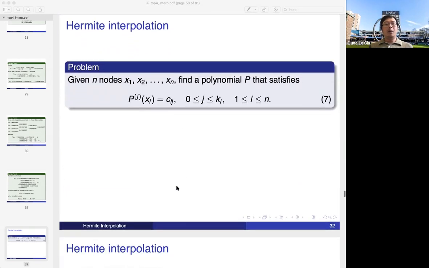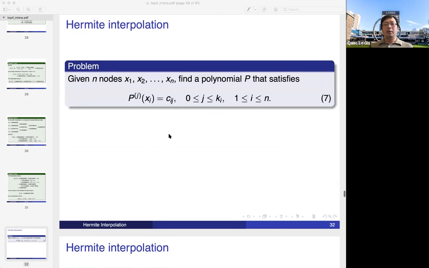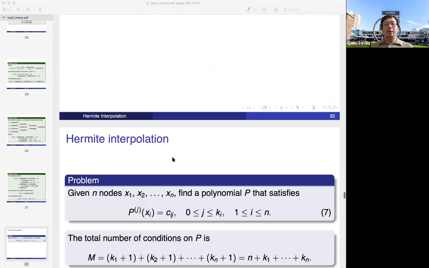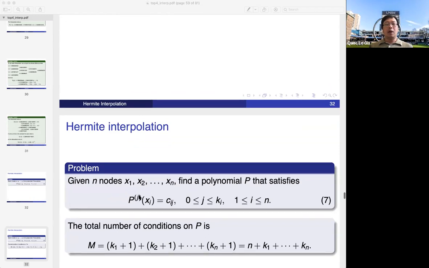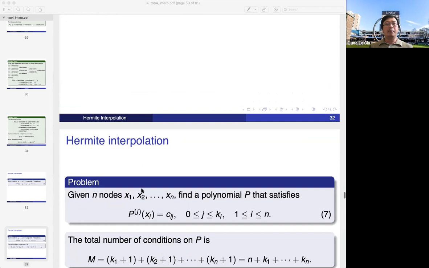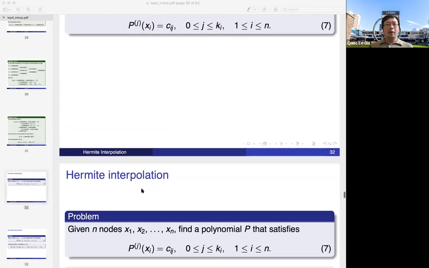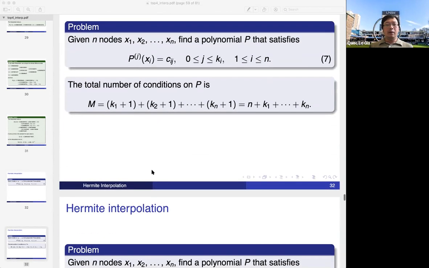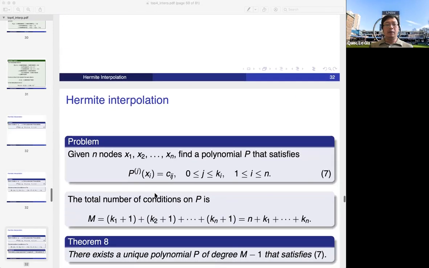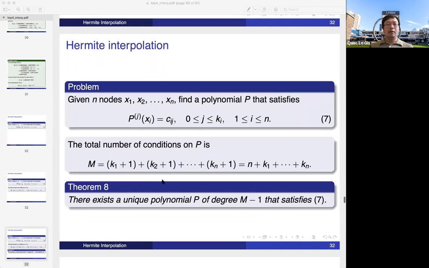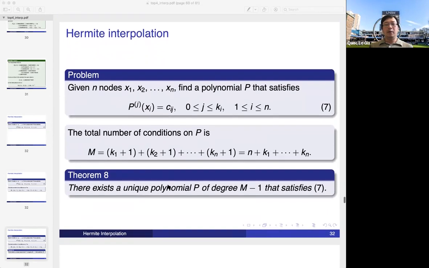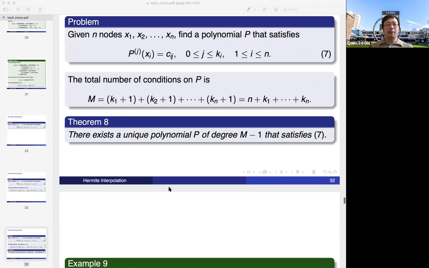So Hermite polynomials is like, you know the values at the points, but then you know the derivatives at the points as well. Okay, so p^(j), j here is just the derivative. We are not going to do it in detail, but I just give you an example.